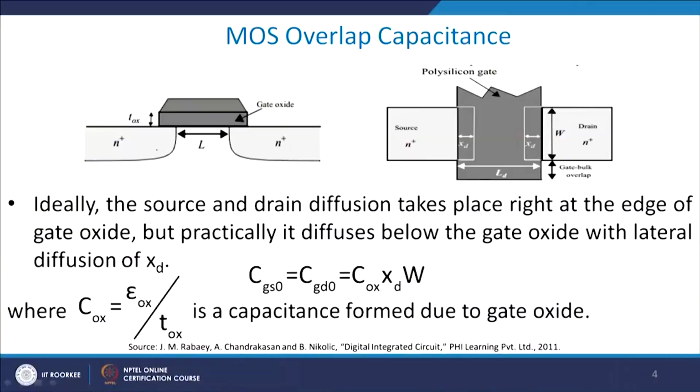As I discussed with you earlier, the source and drain overlap the gate through the gate oxide. This is the metal gate, this is the gate oxide, this is the channel length, and this is the T oxide value.